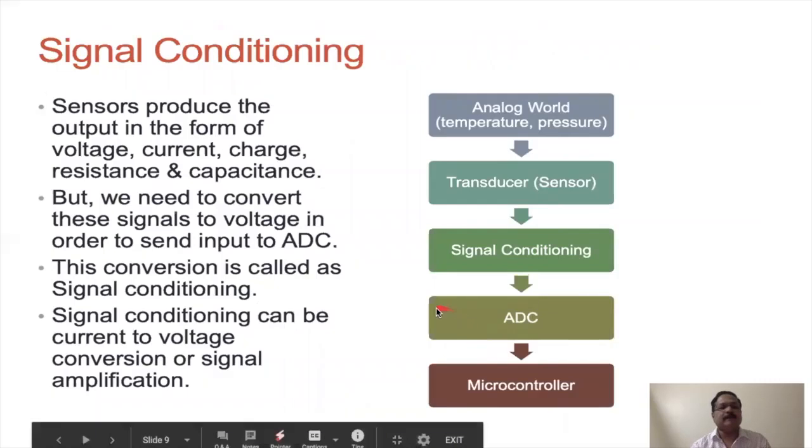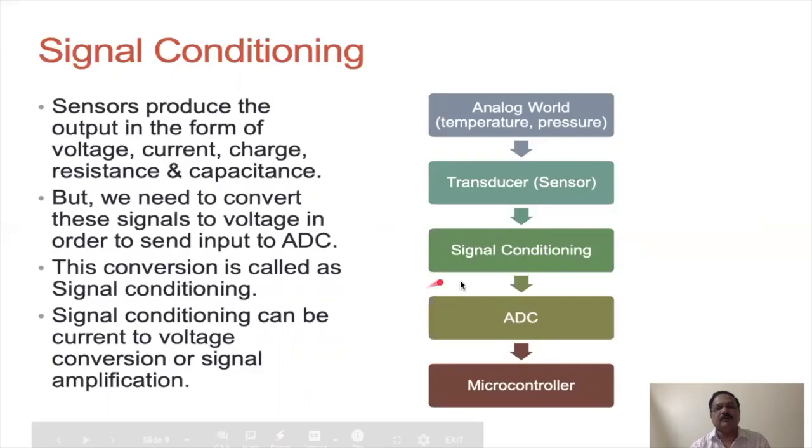Here you can see you need some signal conditioning before the analog input is applied to the A to D converter. Whenever we take external physical quantities from the external world, such as temperature and pressure, sensors convert them into electrical form. Here you need some signal conditioning, because as the signal travels from one device to another, the signals become weak along their path.